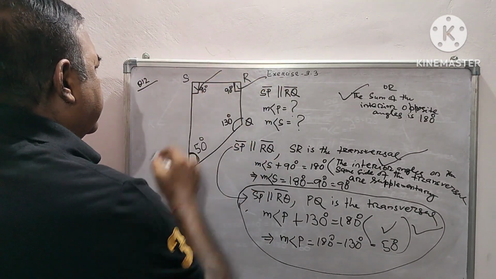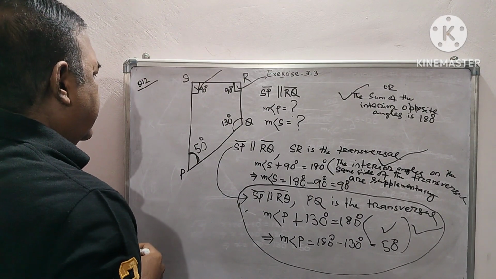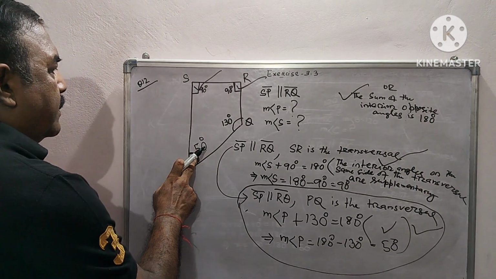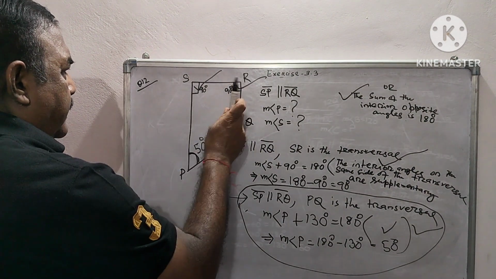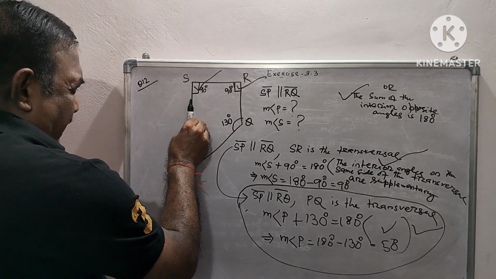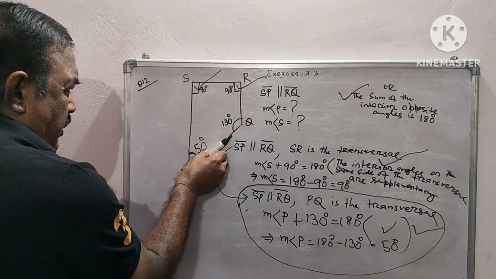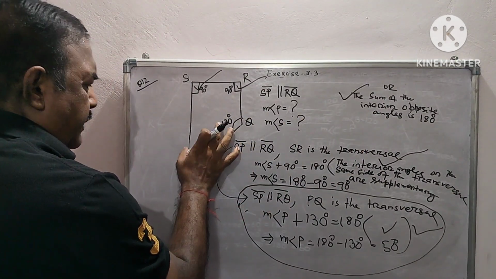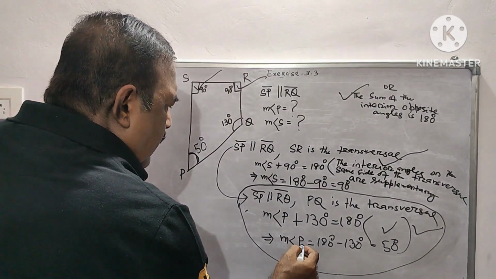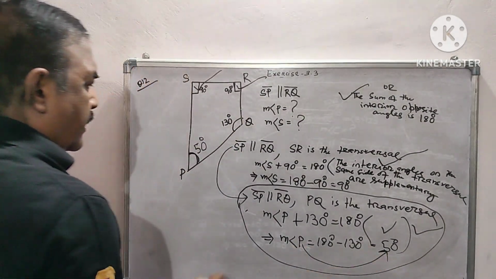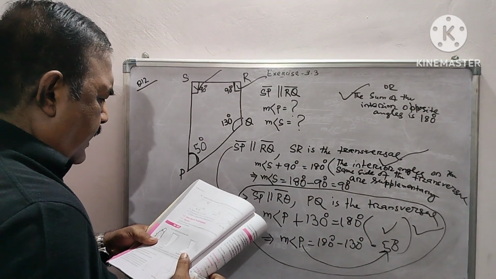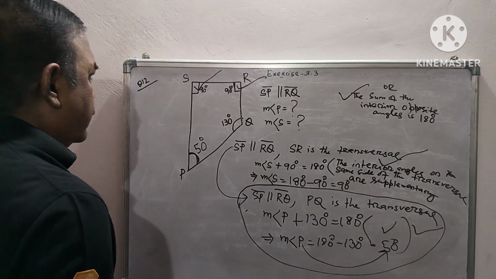Already we have angle S as 90, and we got the measure of angle P. How? From SP parallel to RQ, PQ is the transversal, the sum of the interior opposite angles is 180 degree. From this we got angle P as 50 degree. But excluding that, do you have any more method? Yes, we have that method.